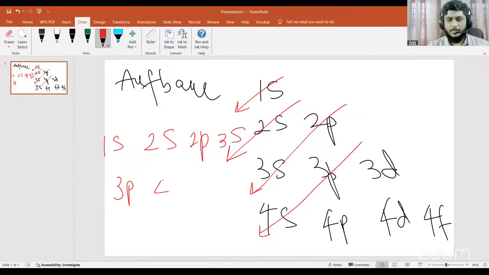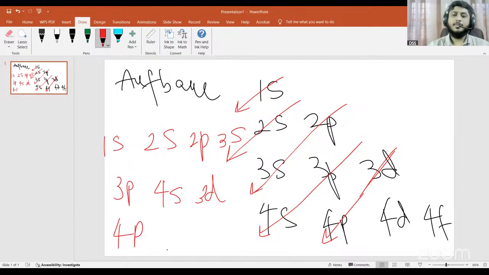After 3p, 4s will fill first. Only after 4s does 3d get filled, then 4p. Then after 4p, 4d will fill. This is according to Aufbau.